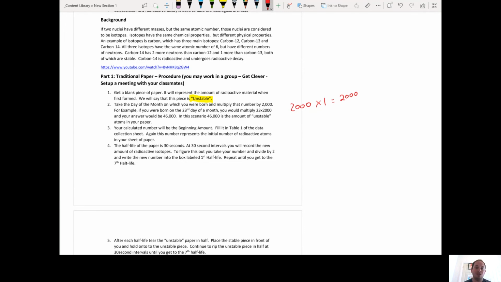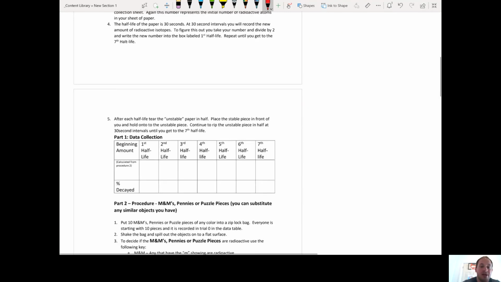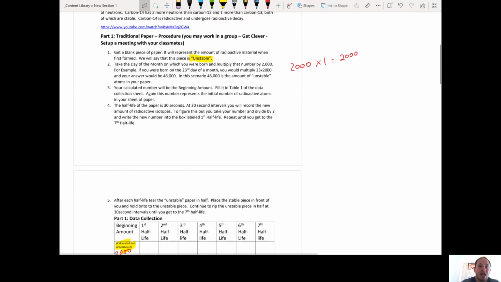And that would be the amount of unstable atoms inside my paper. You're going to fill that in right over here where it says calculated from part 1. And obviously, at the very beginning, 0% has decayed. Then, at 30-second intervals, you need a stopwatch, or you can use your phone, you're going to take that number and cut it in half.